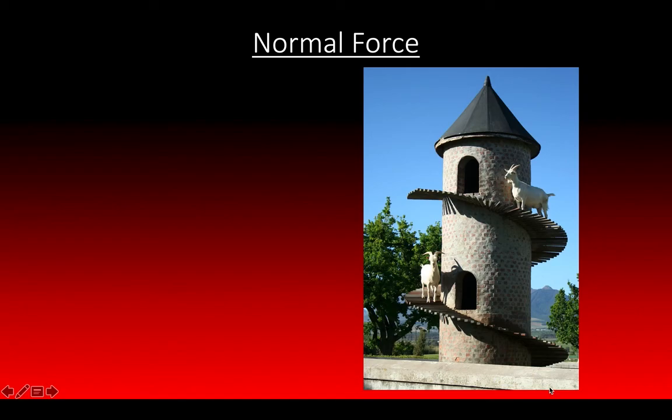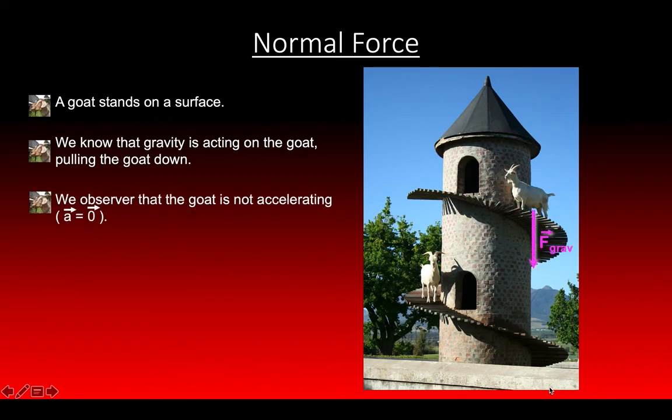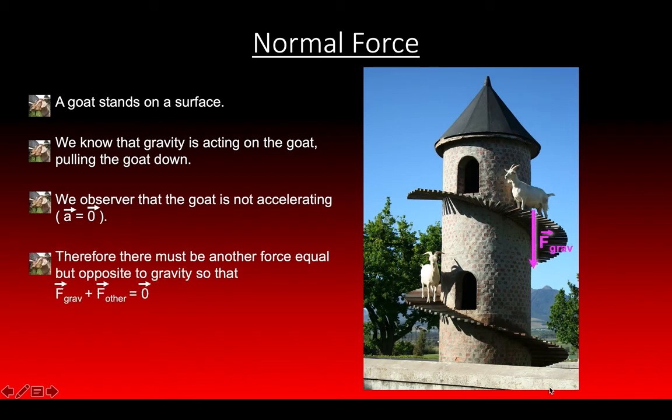A few minutes ago, we saw this slide and we said, suppose we observe a goat standing on a surface. We know that gravity is pulling the goat downward with some amount of force, but we observe that the goat is not accelerating. If the goat is not accelerating, then you multiply 0 by the mass of the goat and you find that the total forces added up on the goat must be 0.